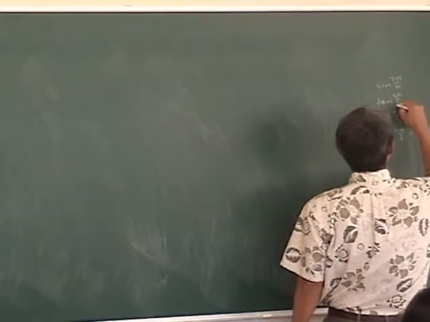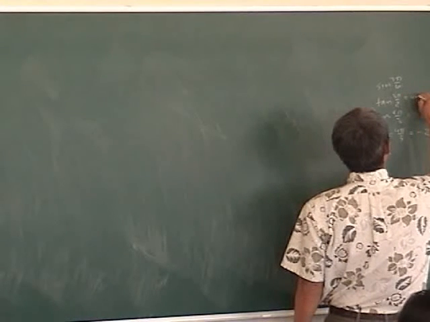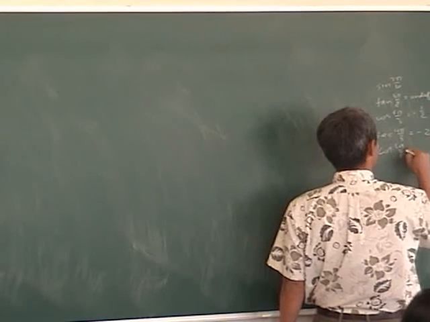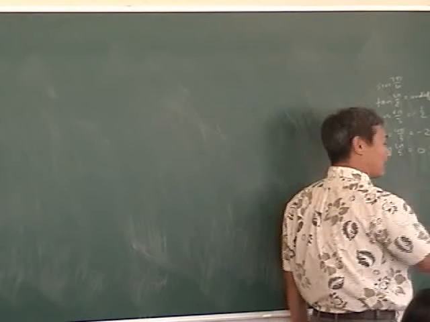If you know tangent of 3 pi over 2 is undefined, therefore cotangent of 3 pi over 2 is 0. It's the reciprocal, that's why, right?